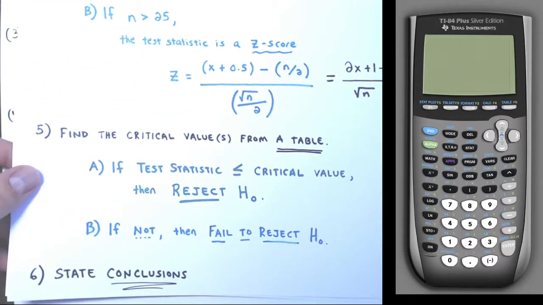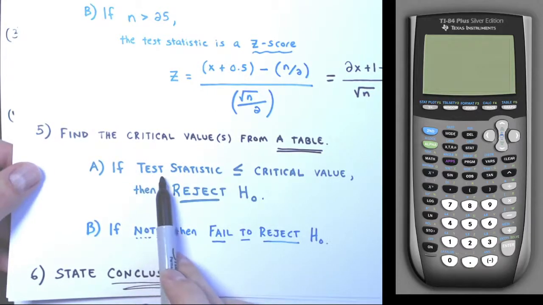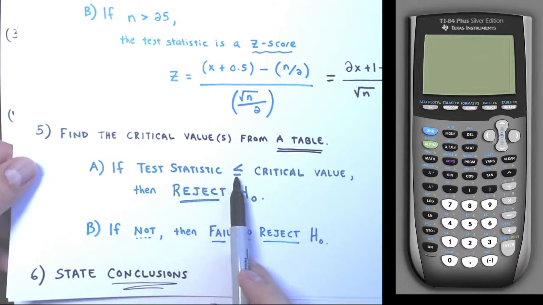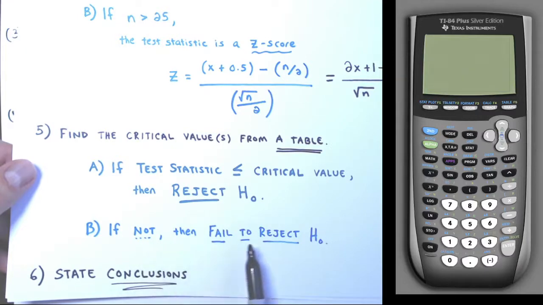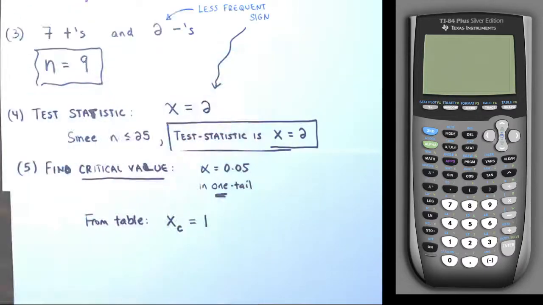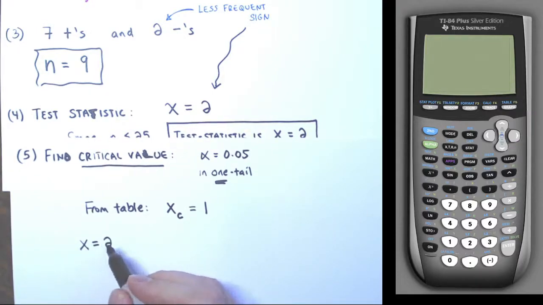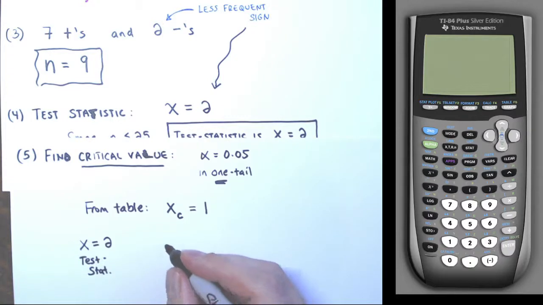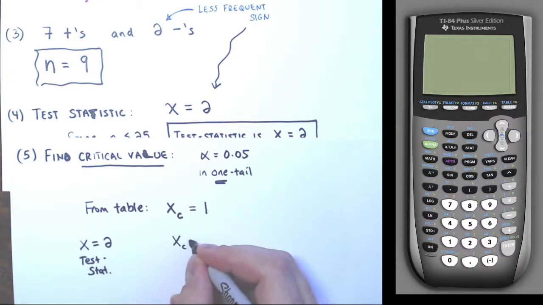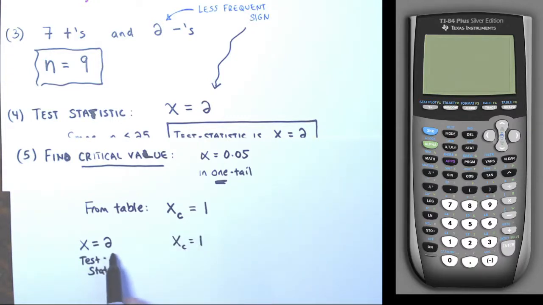The big question now is whether the test statistic is less than or equal to the critical value, or greater than the critical value. We see our test statistic was 2, and the critical value is 1, and this is greater. 2 is greater than 1, not less than or equal to 1.